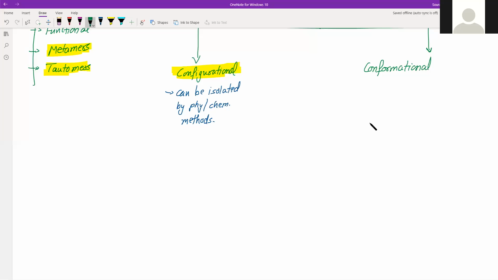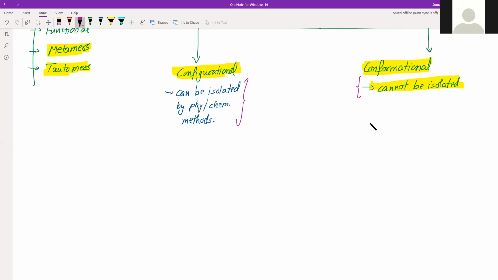These are the ones that cannot be isolated. So this is the difference between conformational and configurational. Configurational can be isolated, and conformational cannot be isolated. This is the basic difference between these two.